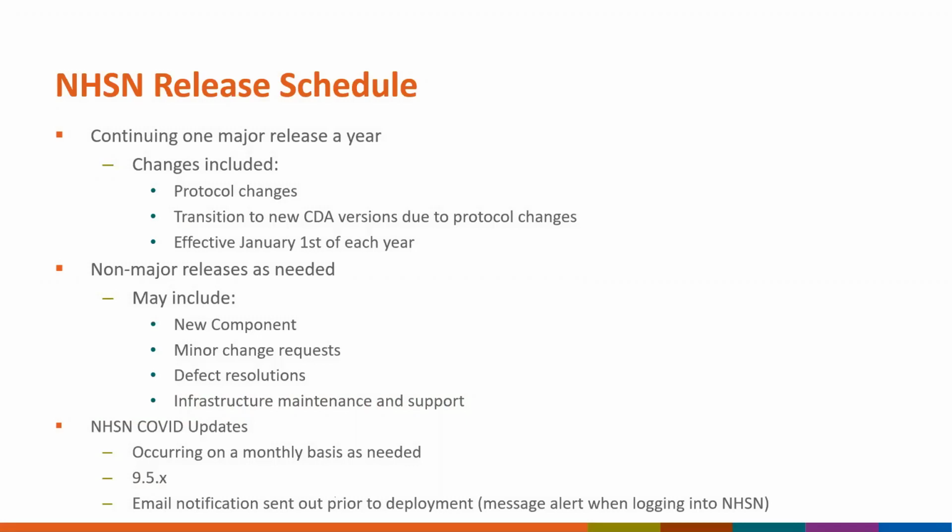We also will continue with non-major releases that may include a new component during the year, minor changes, defect resolutions, and infrastructure maintenance and support. And then COVID updates are going to occur on an as-needed basis, particularly as the pandemic moves into various different phases.